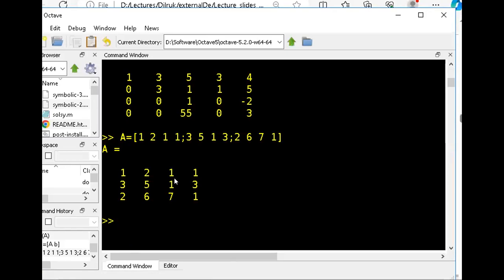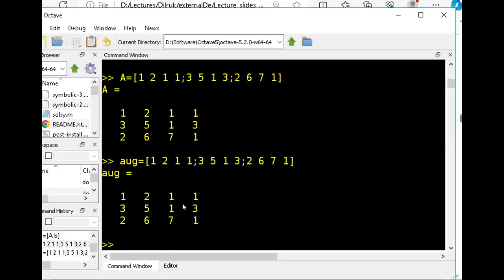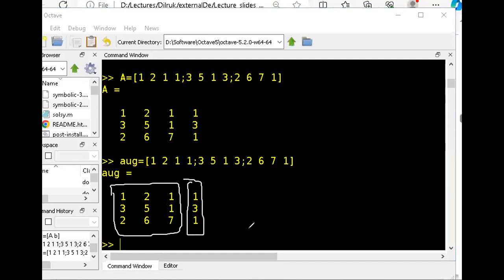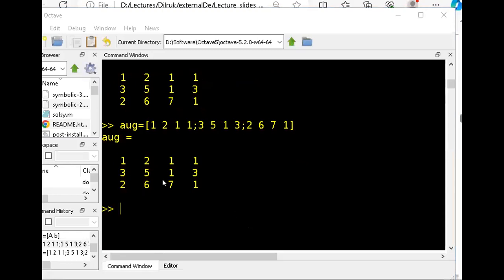Let's assume this is what I will call the augmented matrix. That means this consists of the coefficient matrix. This is my coefficient matrix. The augmented matrix consists of the coefficient matrix and the right hand side of the system. Let's assume this is your augmented matrix.